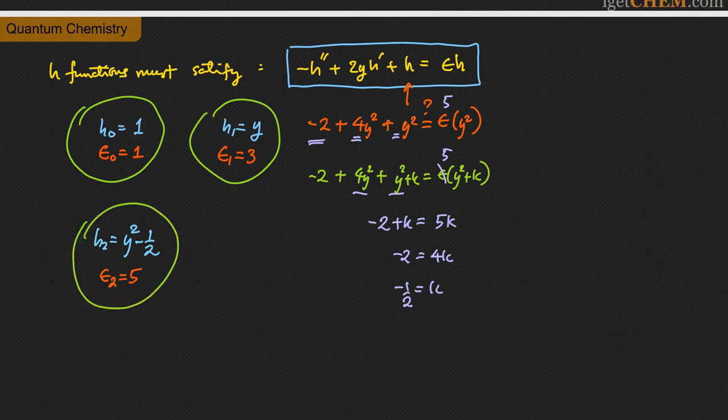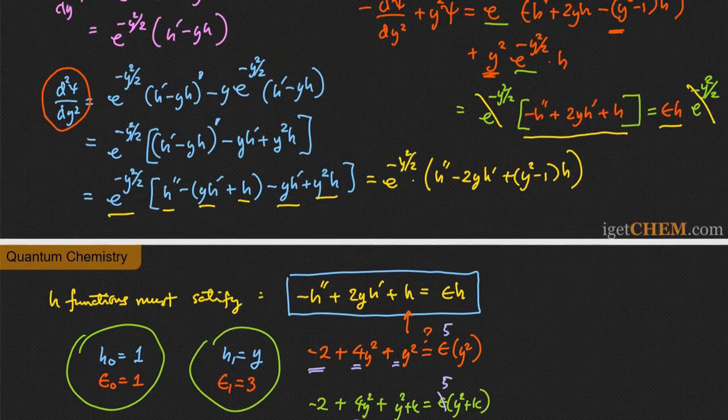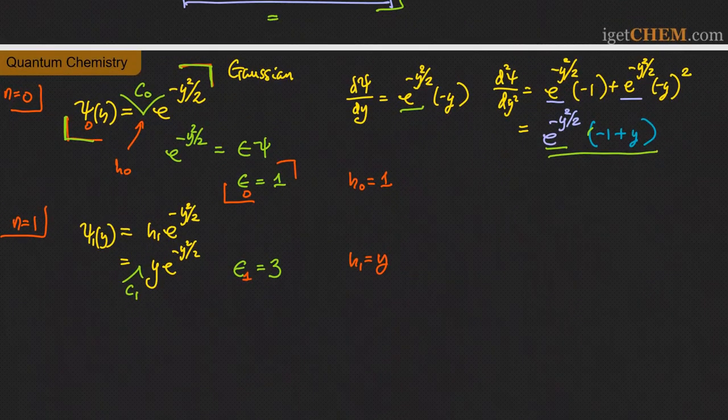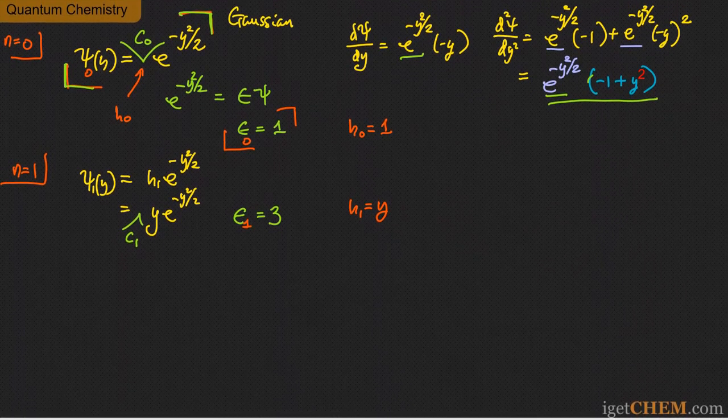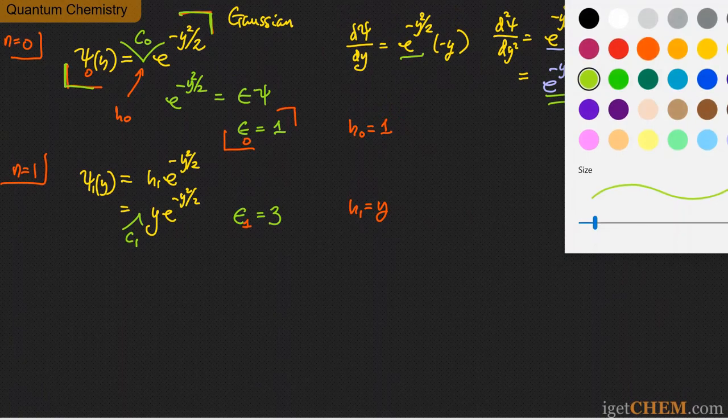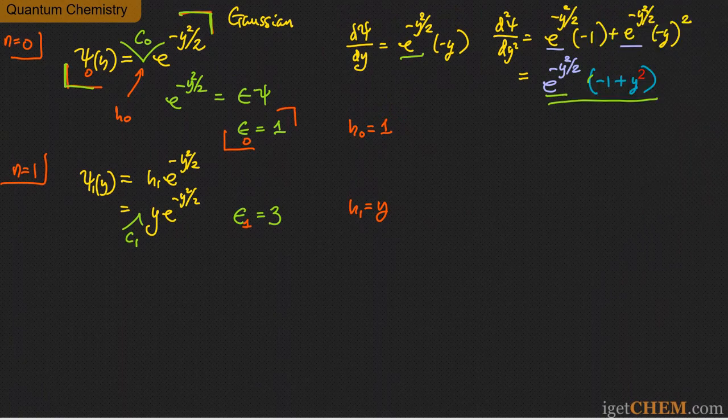So I can go back and put that into my wave function by multiplying that by a Gaussian. Here are the two earlier solutions, and now I know that this third one is h2 equals y squared minus 1/2. This is solution n equals 2.